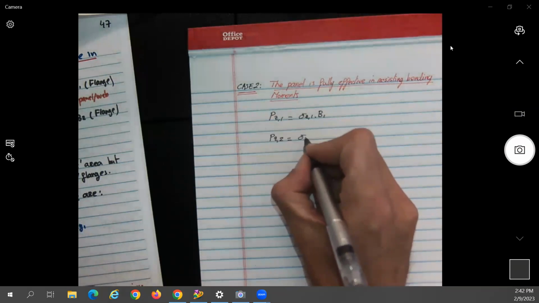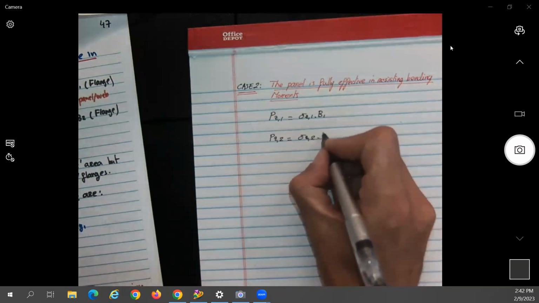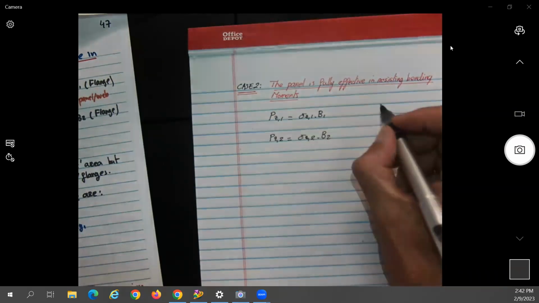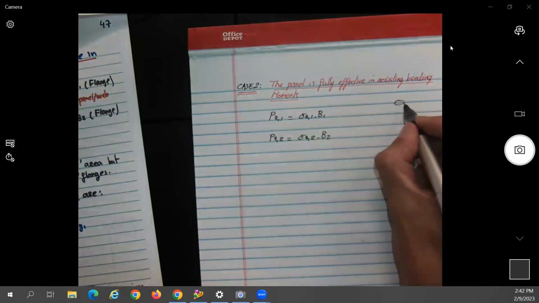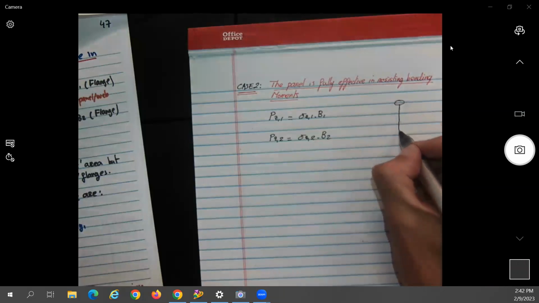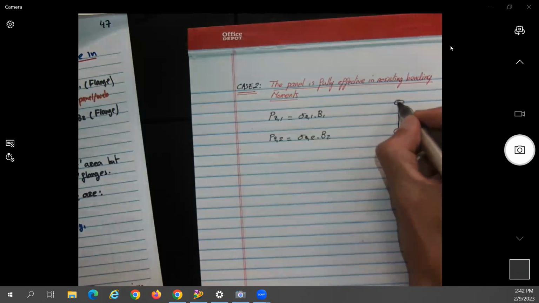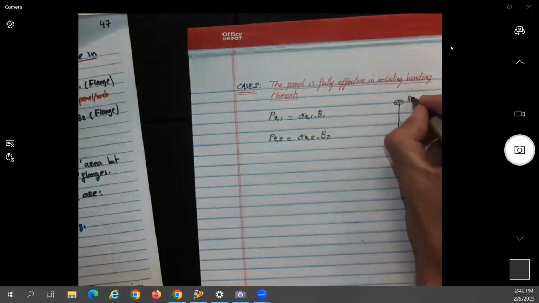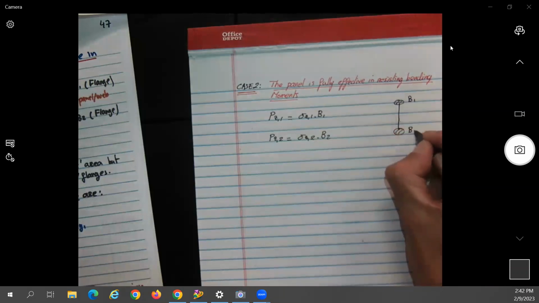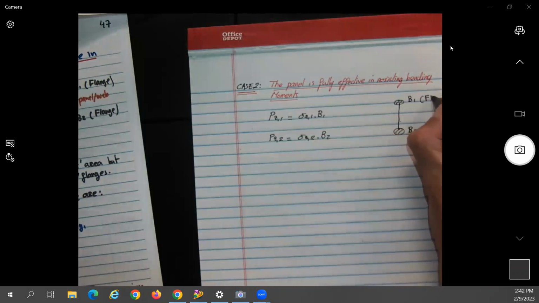PZ2 will be equal to the bending stress at 2 times A2, where in that case, you can idealize the structure. Okay, like this, let's say this will be your flange 1. This is your flange 2, which is idealized.